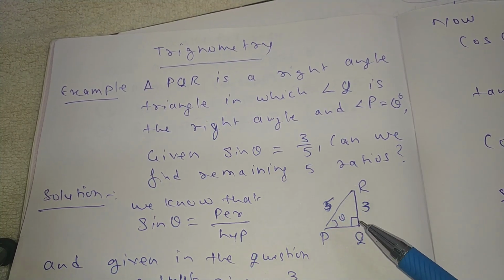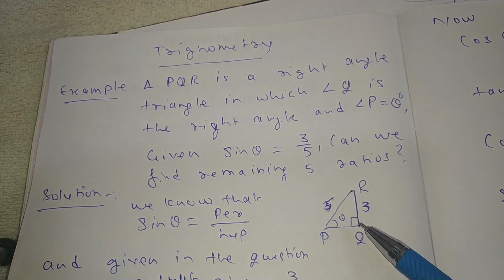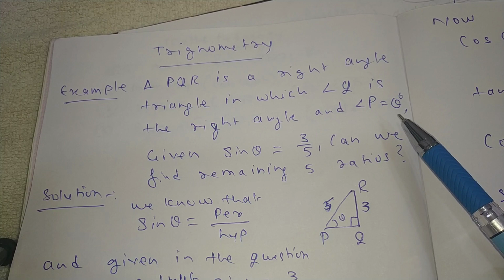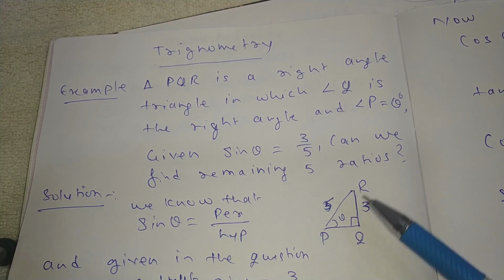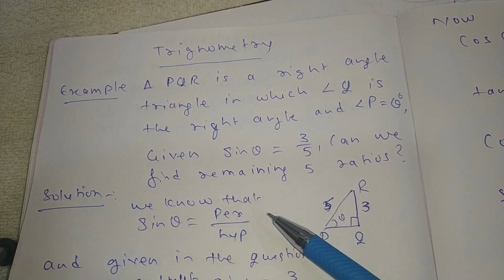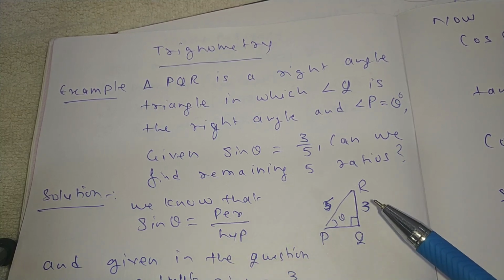For that we need to draw this diagram. As in the given question, this Q is a right angle which we draw and this P is theta degree. As we know that sin theta is equal to perpendicular upon hypotenuse.